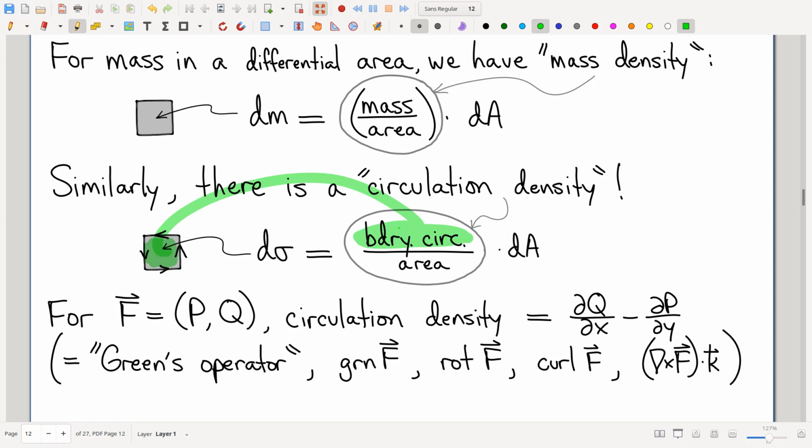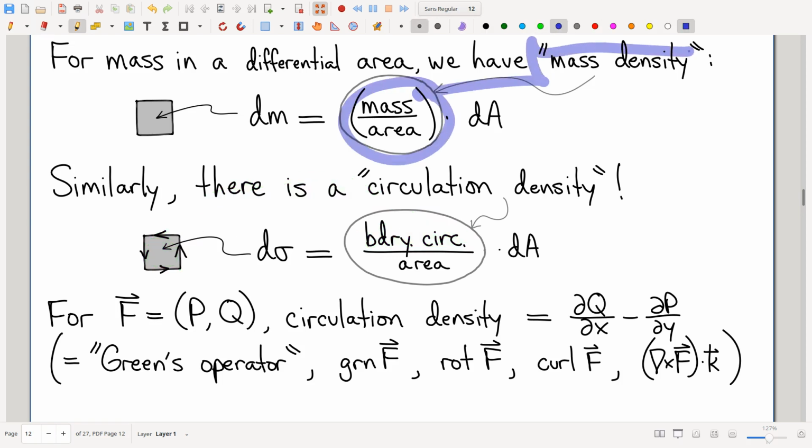And I can talk about the area of that region. And therefore, I can talk about boundary circulation per unit area, in the same way that we call this mass density. Analogously, when we're talking about population, we talk about population density.